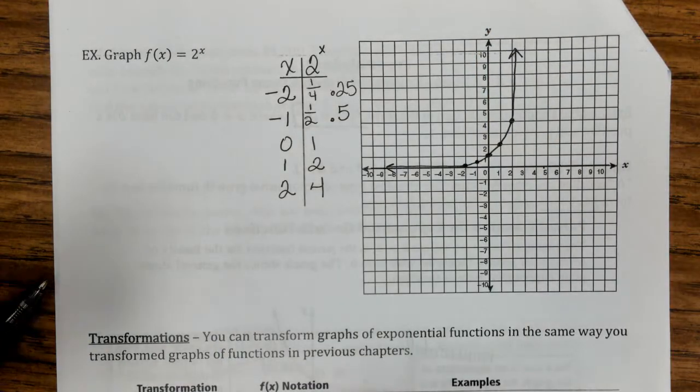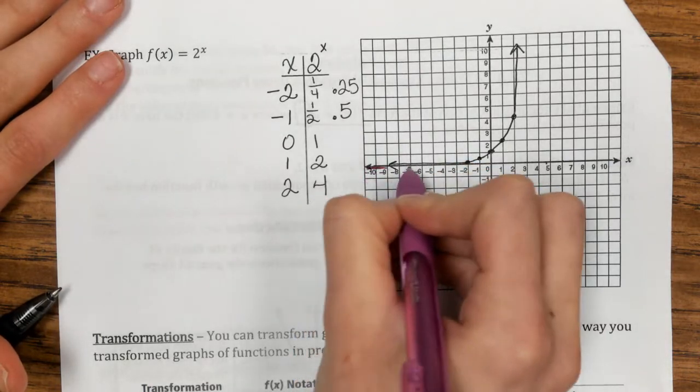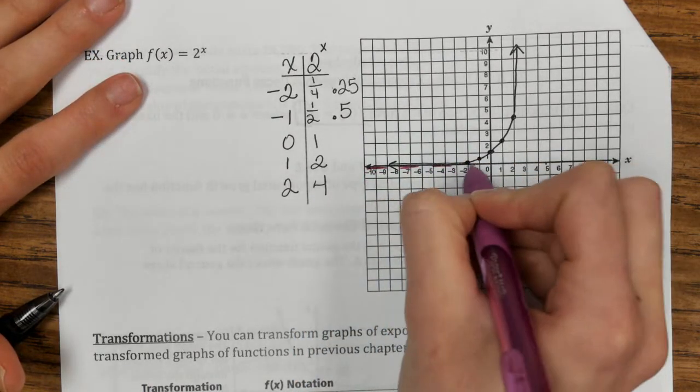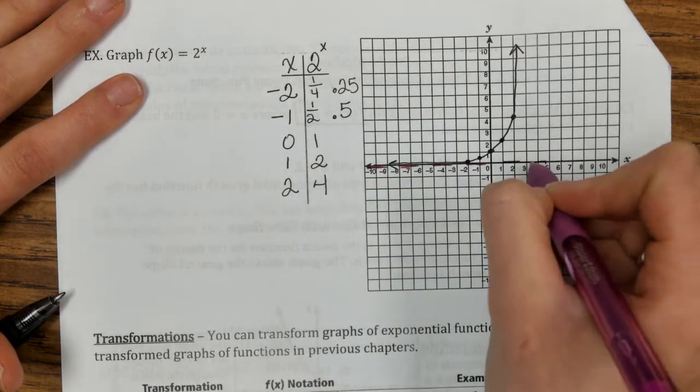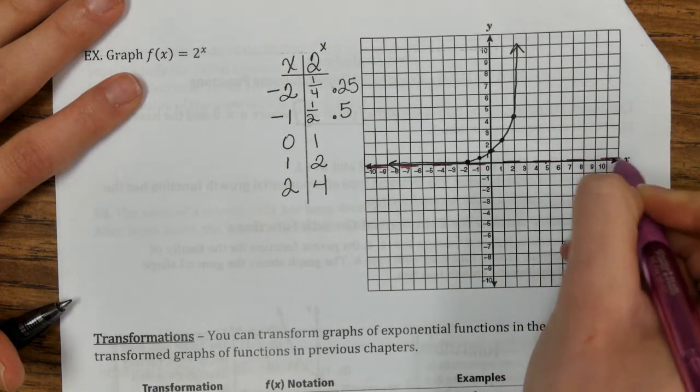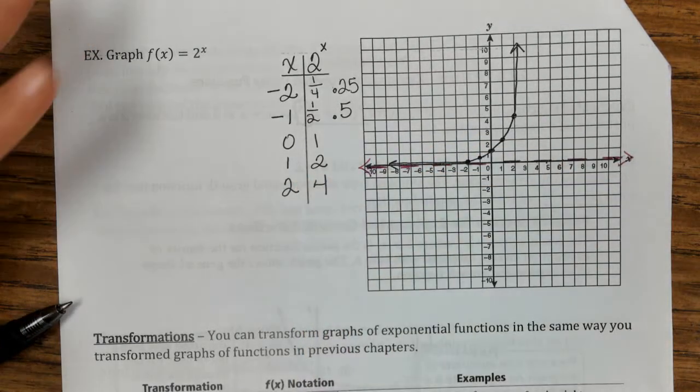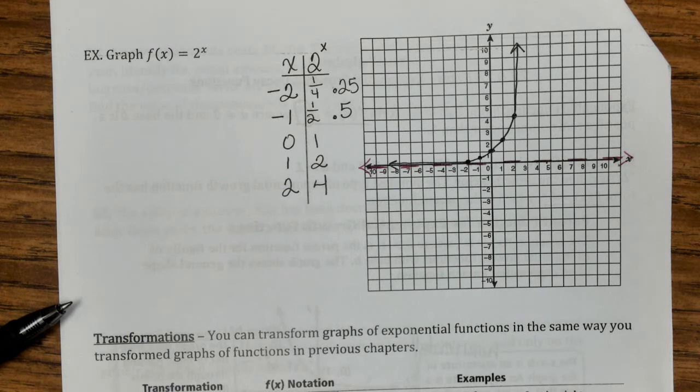So my graph is going to look like that, but I have to draw that asymptote. If you have to do it with a different color, that's fine. If you need to go a little above or a little below so that I can tell that you graphed that asymptote, then that's fine too.